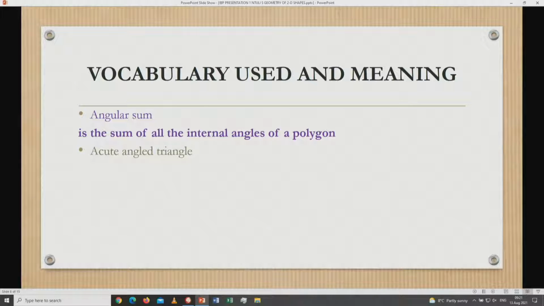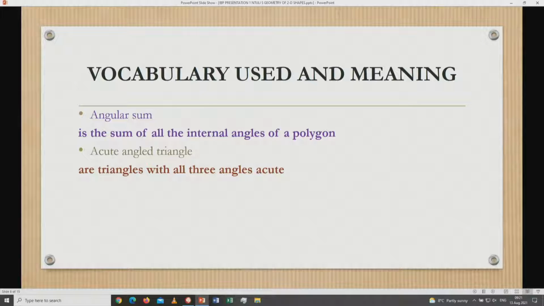Then we have acute angled triangle. Now we will ask ourselves, what is an acute angled triangle? An acute angled triangle are triangles with all three angles acute.